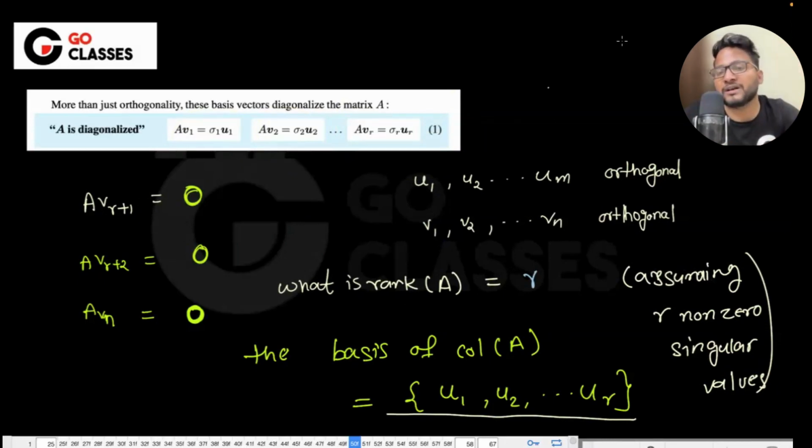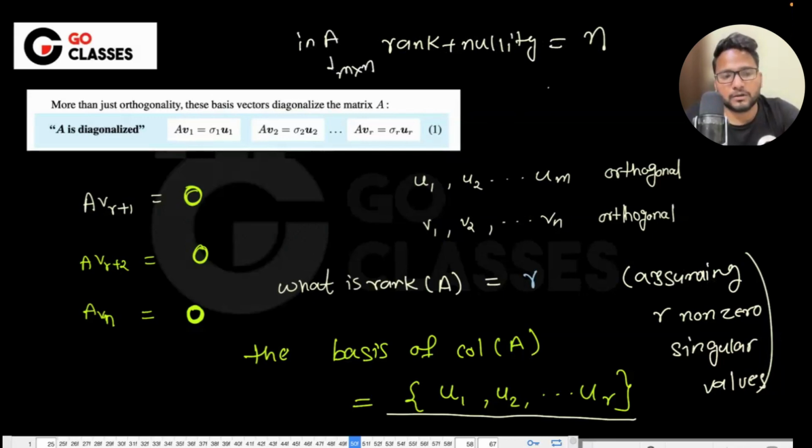Similarly, we know the rank plus nullity is equal to number of columns. Number of columns are here n, okay, in A, A की dimension m cross n, I'm assuming. So nullity, can you tell me how much is the nullity? N minus r, right?